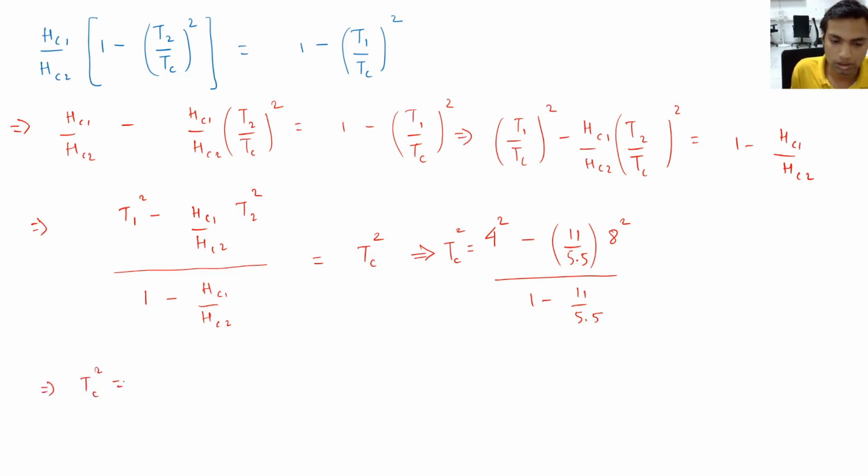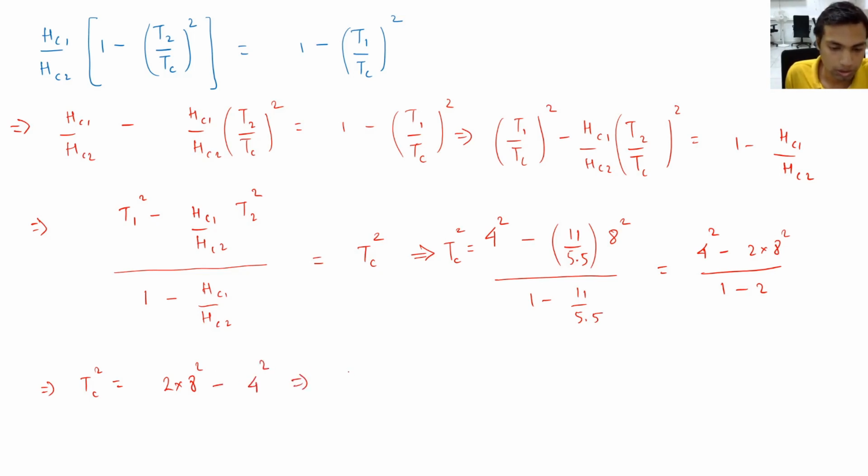So this you can simplify: 4 square minus 2 into 8 square, over 1 minus 2, so it is just minus 1, so it is 2 into 8 square minus 4 square.